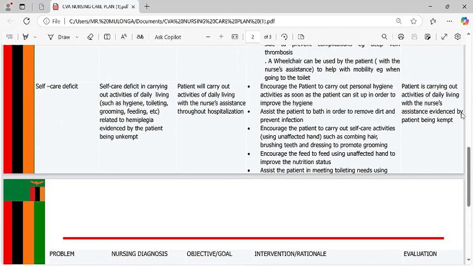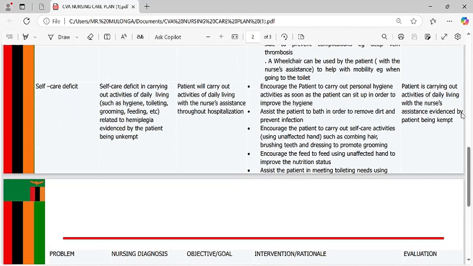I'm sure we are familiar with the Orem self-care theory; this self-care deficit is one of the problems highlighted under the Orem self-care theory. So when a patient is not able to perform those activities of daily living, it means that they have self-care deficit. So our problem will be self-care deficit.